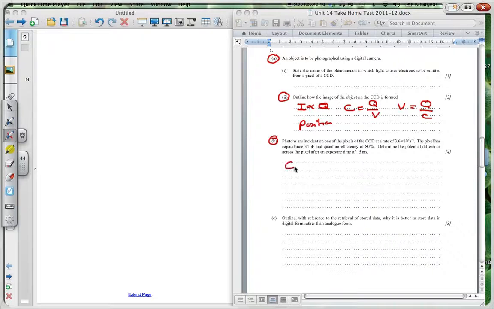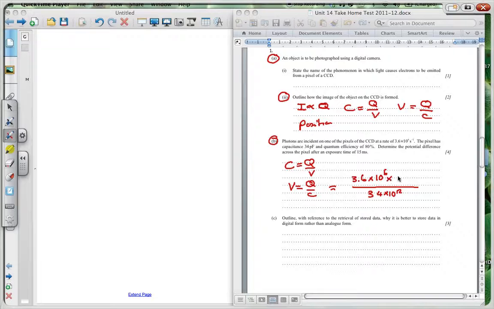So we've got our formula, as we showed before, C is equal to Q over V. Therefore V is equal to Q over C. So we've got our capacitance. It's 34 times 10 to the negative 12 farads there. And then our Q, the charge. Now we have a total of 3.6 times 10 to the 6 photons per second, but it's only incident for an exposure time of 15 milliseconds.